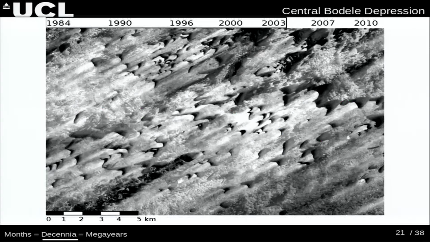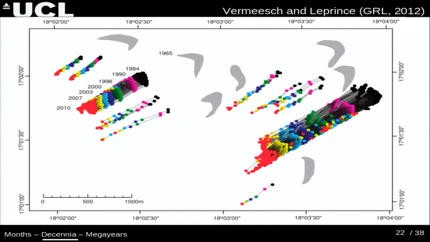I can visualize the results as a sequence of colored dots which are tracking the sand dunes automatically from 1984 to 2010 in map view. The 1965 image, a Corona satellite image, is shown as a gray outline. I could not really apply my automated algorithm to this Corona satellite image.